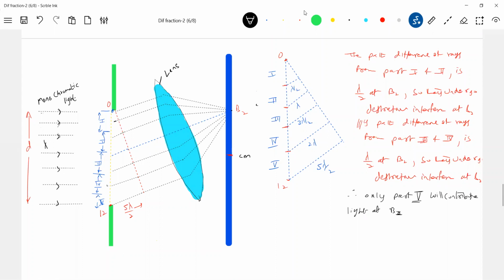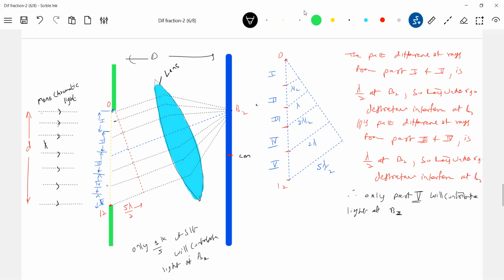So shall we say only 1/5 of the slit will contribute light at B2? If you want, you can write that comment here: only 1/5 of the slit will contribute light at B2. They may ask you this as a conceptual question in the exam.